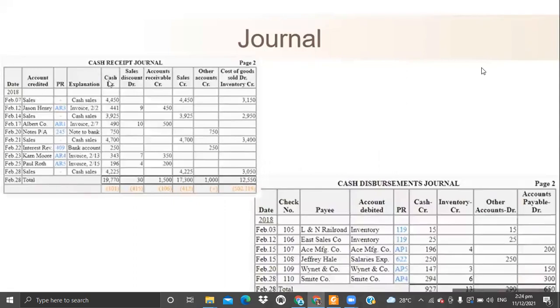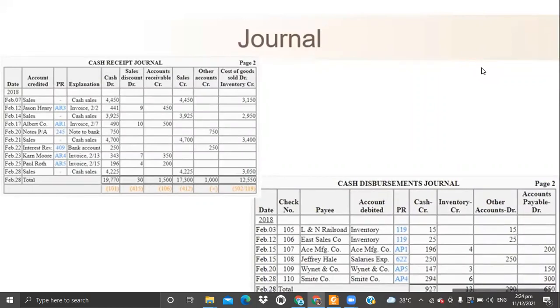Ito yung itsura ng cash receipt journal at ng cash disbursement journal. Meron tayong makikitang sales, may mga interest din, lalo na pag matagal nagbayad. Meron tayong 10% na increase doon sa sales pag hindi sila nagbayad on time.